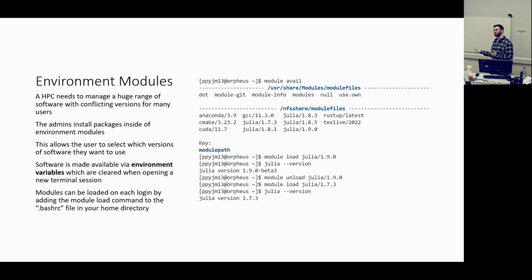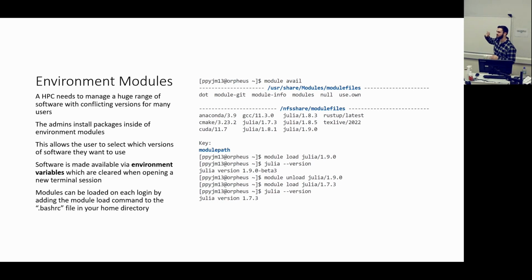So the amount of software installed on these things is in the tens of thousands, and all of this software has conflicting version information. The way they manage this is by using something called an environment module. It basically sections off an install of code to make sure that you only have access to that piece of software if you specifically request it, so that you don't have conflicts and installing one item breaks another install.